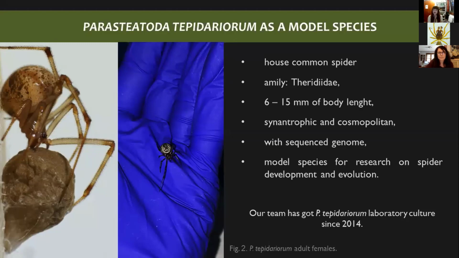And I think it's interesting that our team has had a culture of that spider for several years. So we have long-term material for research, and we kept it in known environmental conditions.